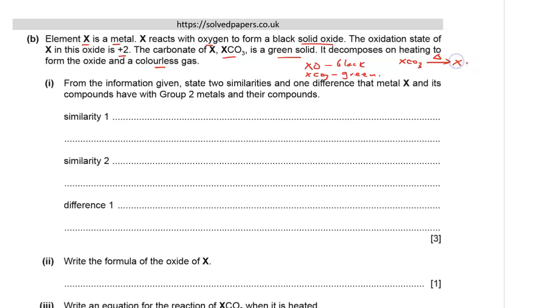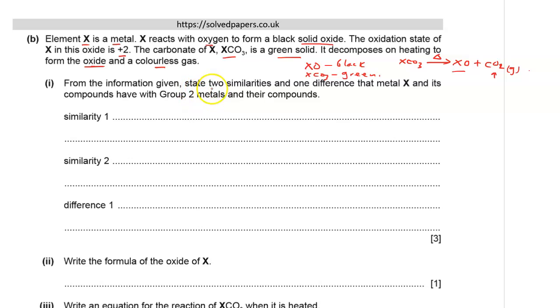Of course, it should give an oxide plus a gas, and the gas in this case should be carbon dioxide. The green carbonate decomposes on heating to form an oxide, which is the black one, and a colorless gas. That colorless gas should be carbon dioxide.